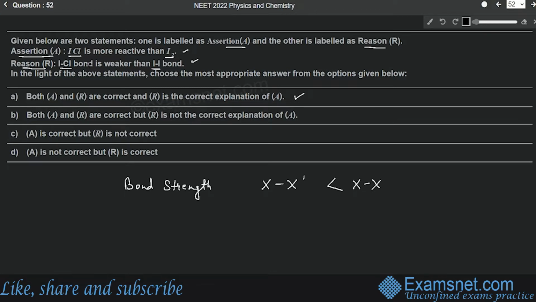Therefore, this bond will break easily because it is weaker. So when it will break easily, it will react fast, right? So we can say that the reactivity of the interhalogen compound will be more than the halogen molecule. Okay. Therefore, reason is the correct explanation of assertion.